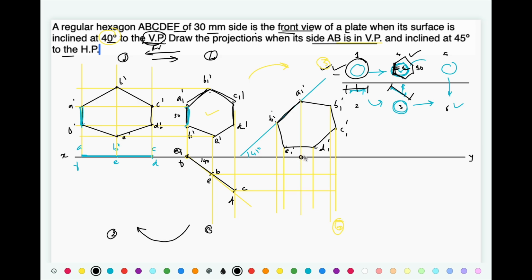So this one is A1, this one is F1, this one is B1, this one is C1, this one is D1, and this one is E1. As it is a hexagon, so connect all the points with a straight line, and this is going to be the final view.